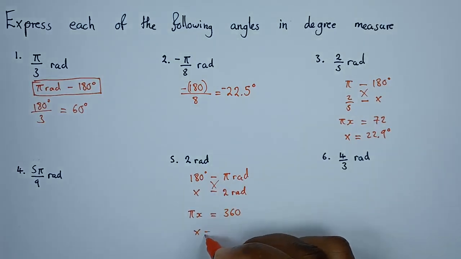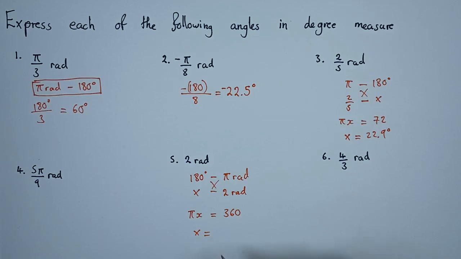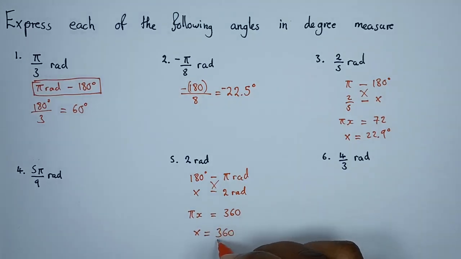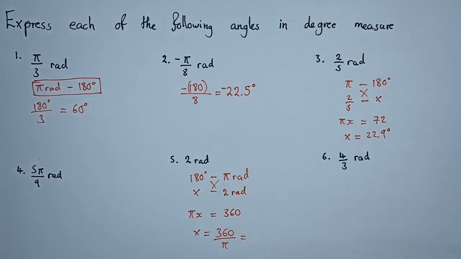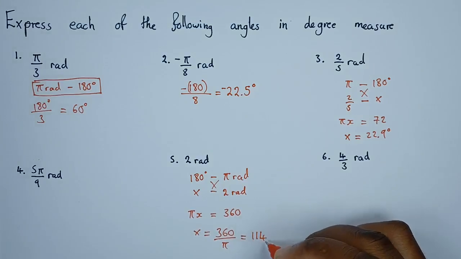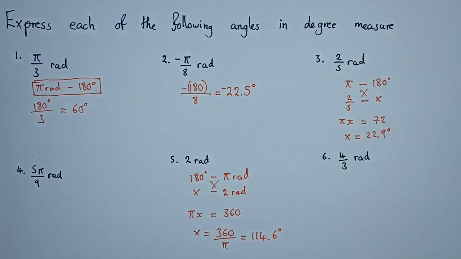Divide both sides by pi, hence we get 360 divided by pi. So 360 divided by pi, I'm getting 114.6 degrees. As easy as that.